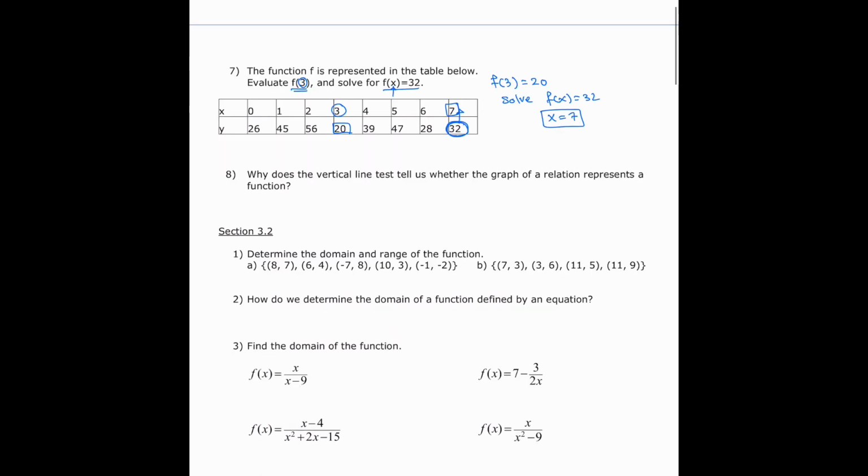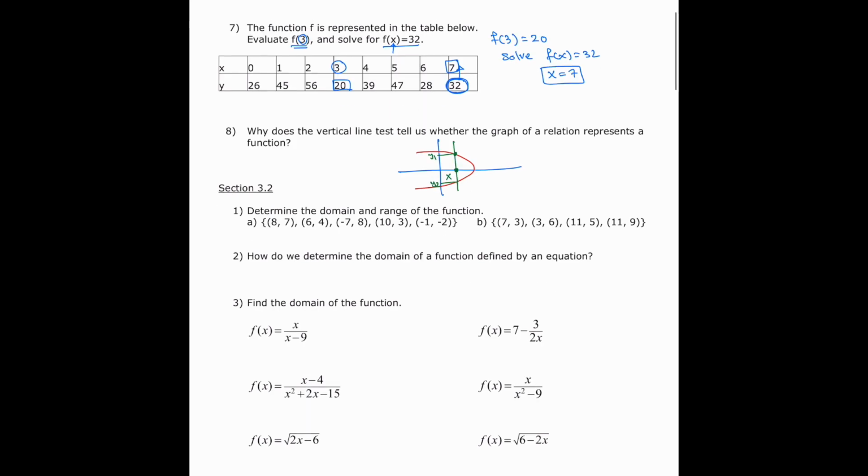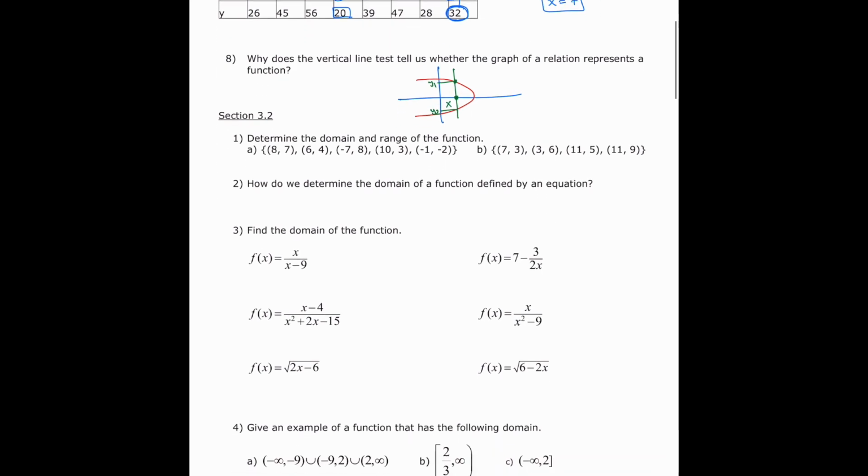For example, if you look at this graph, we know that this graph is not a graph of a function because for one value of x, it has two corresponding values, y1 and y2. And we know that is not a function. That's not the definition of a function. So that's why the vertical line test works.